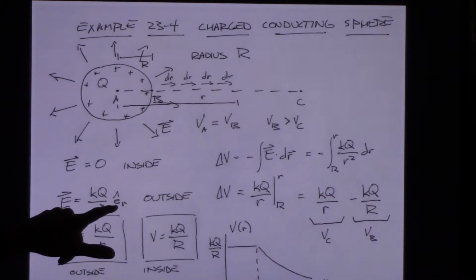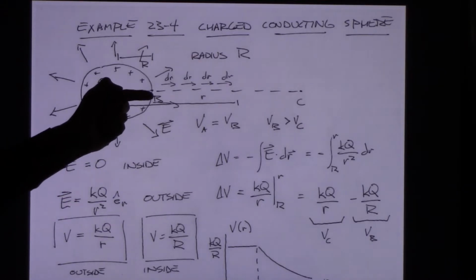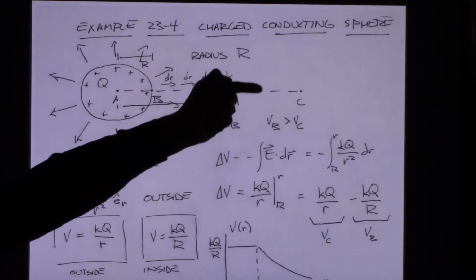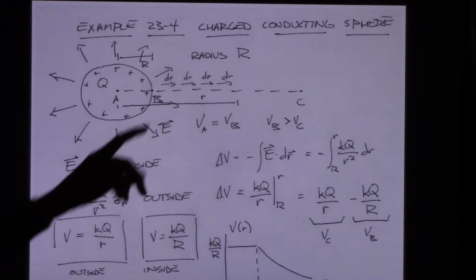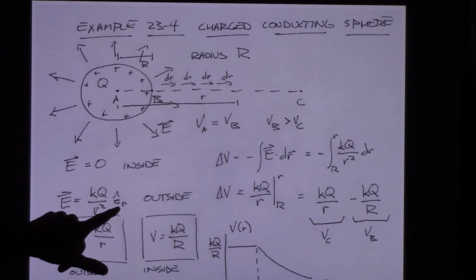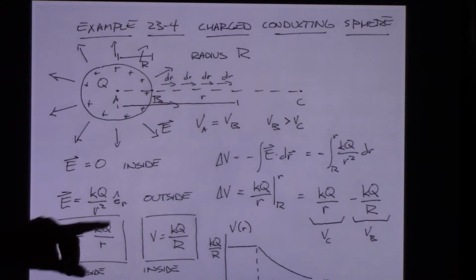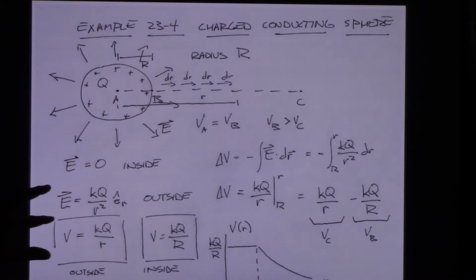So the unit vector e sub r is a unit vector that identifies the direction pointing away from the center of this object. So these little dr's are actually in the direction of the unit vector e sub r. So this is what's outside.